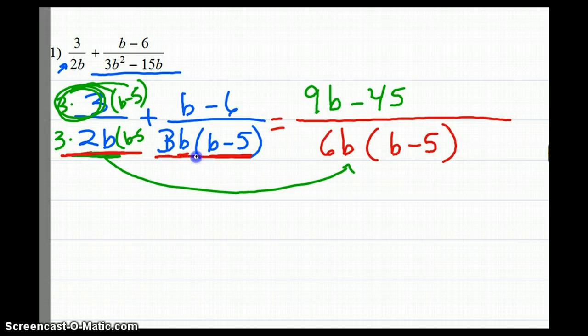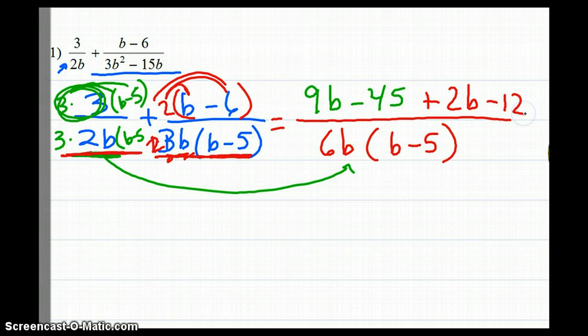The second one, we have the b, we have the b minus 5, but we need this 3 to be a 6. So we're going to multiply the top and bottom by 2. Notice I put those parentheses in there to remind me I have to multiply everything by 2. So 2 times b will be 2b. 2 times a minus 6 will be a minus 12.